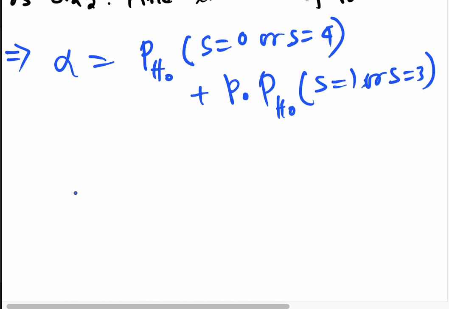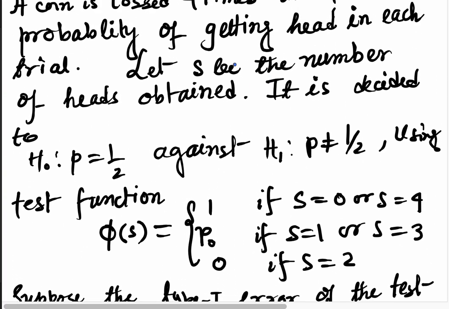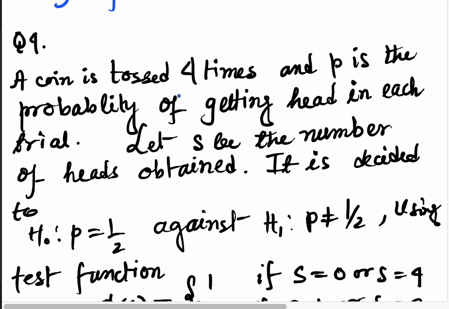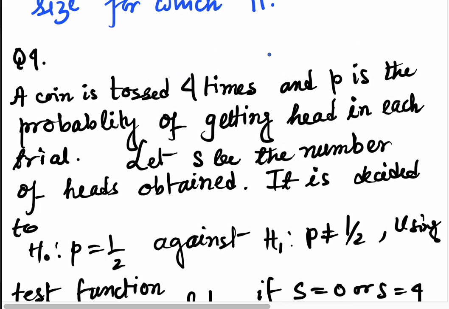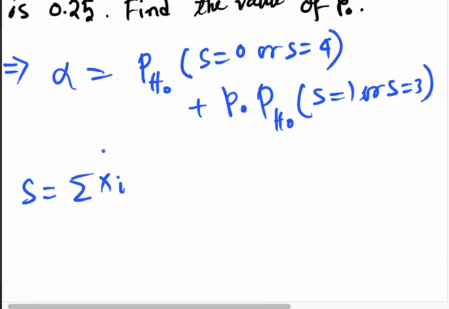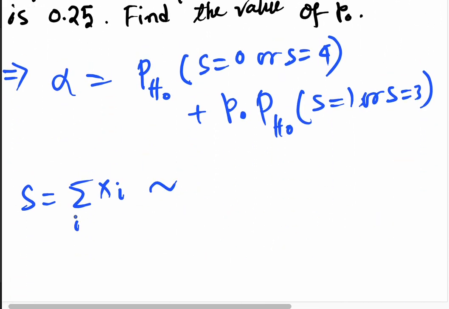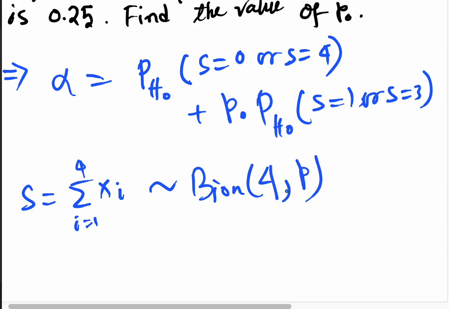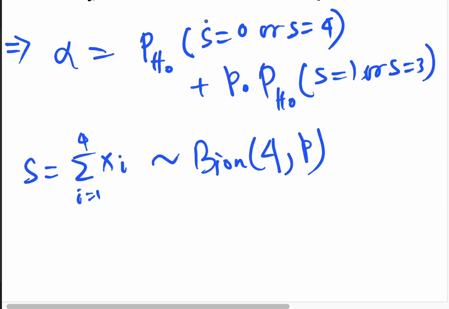Now we know that S is the number of heads obtained. If we assume that head corresponds to the random number 1 and tail corresponds to 0, then S will be the summation of Xi for i equal to 1 to 4, and it will follow a binomial distribution with parameters 4 and p. So what is the probability that the outcome is equal to 0?